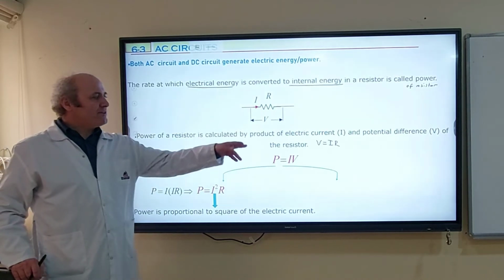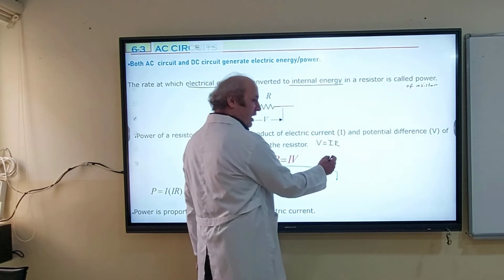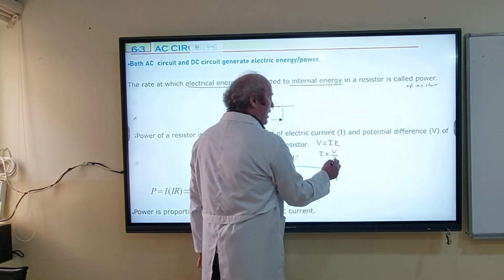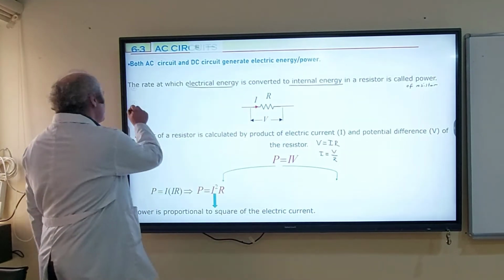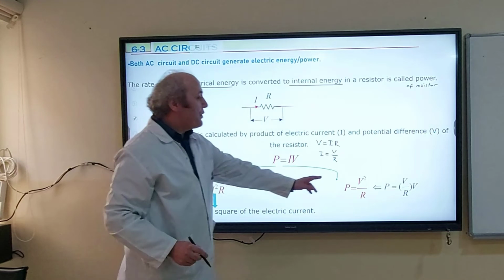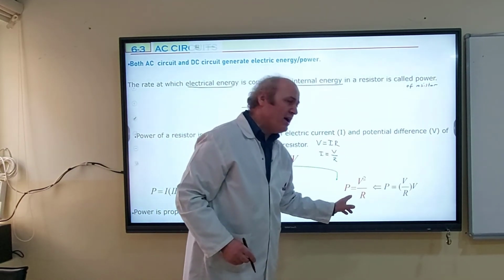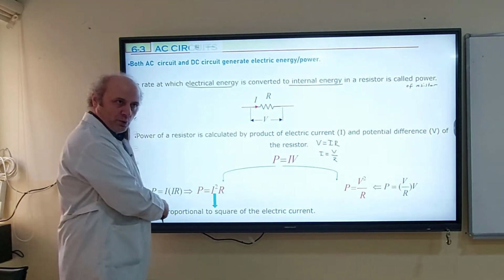But we can rewrite this equation in another form. Instead of I, we can write V over R. If I write V over R, this equation changes to V squared over R, because V over R times V gives V squared divided by R. This is going to be used in one other question, not as frequently as this one.